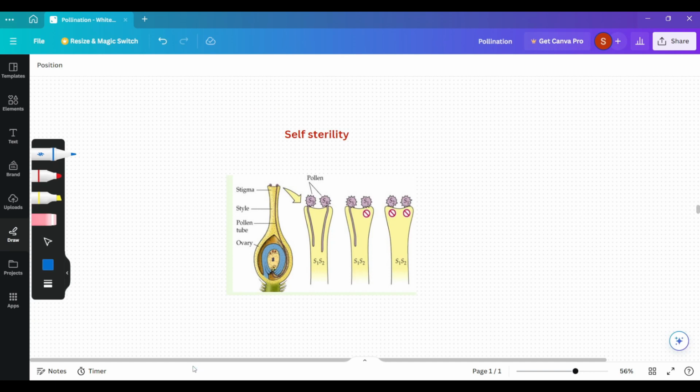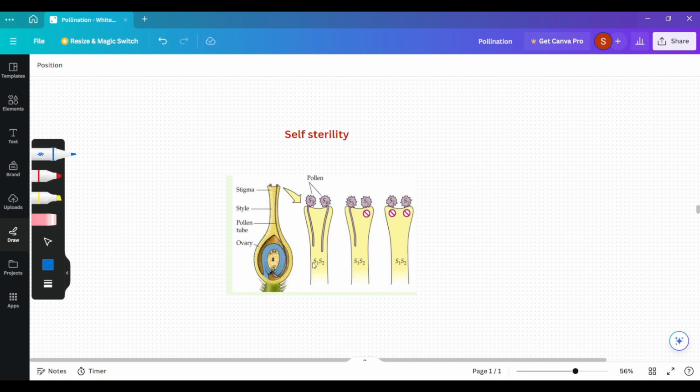Self-sterility or self-incompatibility is a condition where the pollen grains from the same plant are not accepted by the stigma of the flower. You can see the stigma of the flower receiving the pollen grains. Pollen grains S1 and S2 are not accepted by the stigma of this flower, and in this condition you can see the stigma is not accepting the S1 pollen grain, and here the pollen grain from a different plant is being accepted by the stigma.